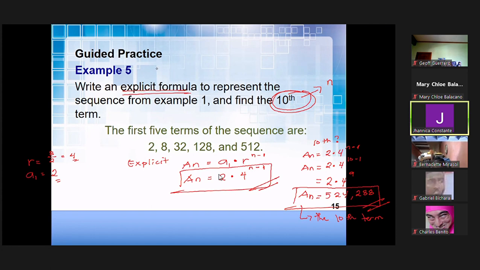For example, we have this geometric sequence, which is 3, and we're going to find the 6th term of our geometric sequence.